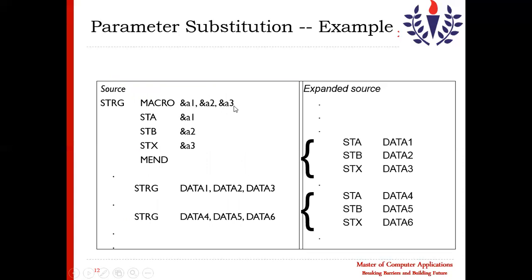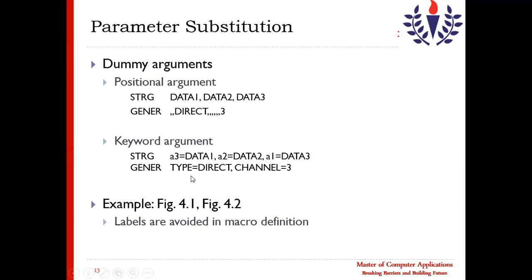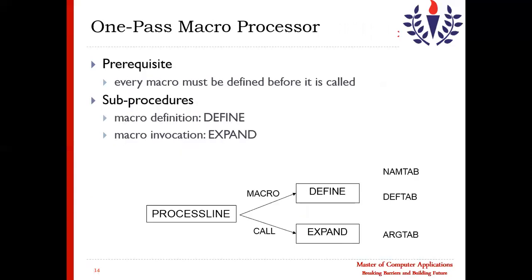If I am working with positional parameters, by default data 1 will be given to A1, data 2 to A2, data 3 to A3. But another way is I will directly write A3 equal to data 1, A2 equal to data 2, A1 equal to data 3. I can mention which parameter will get which argument. So this is also a way to substitute the parameters.